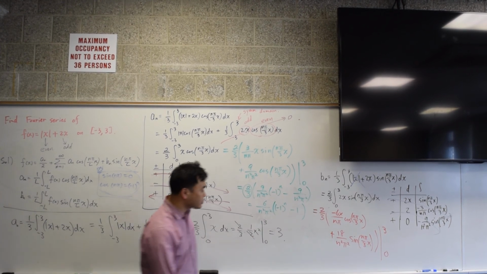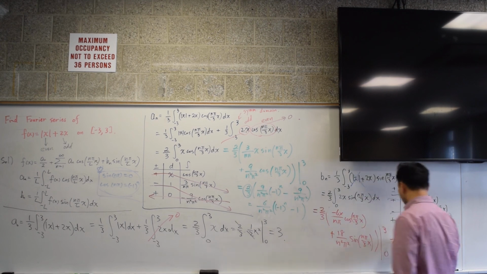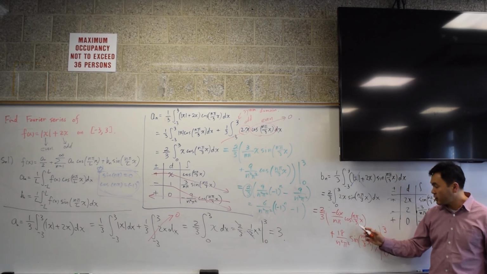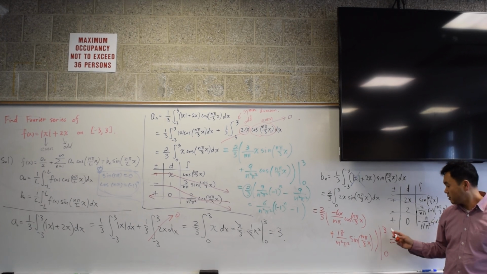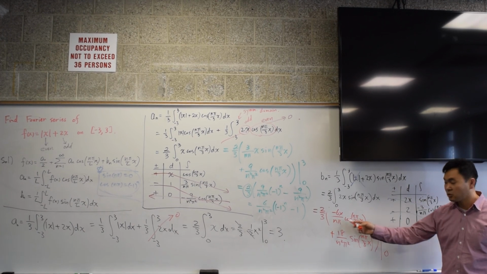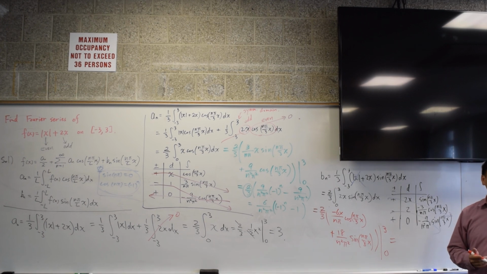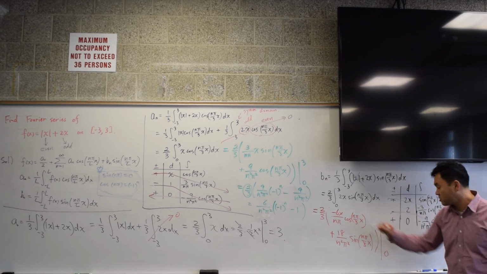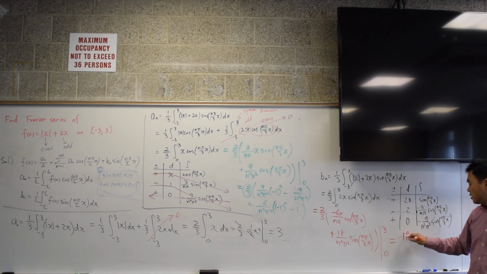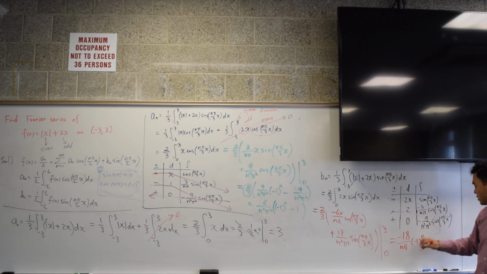Now let's see what we get. When you plug in 3, the 3 cancels, you get cosine n pi. What do you write? Negative 1 to the nth power. And 3 going here, it's negative 6, 3 times 6 is 18. So it's negative 18 over n pi, negative 1 to the nth power.